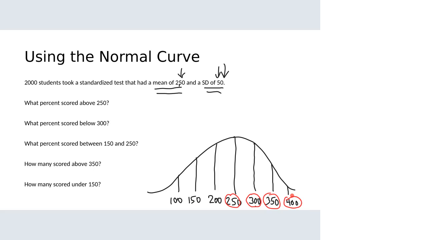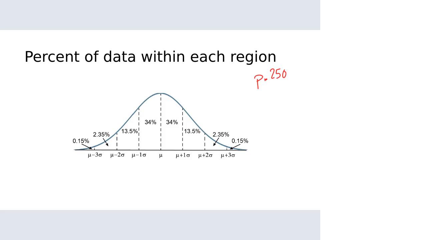I also draw on the back side and have 1 standard deviation below, 2 standard deviations below, 3 standard deviations below. And those labels, along with this picture, are going to help me answer whatever questions get thrown my way.